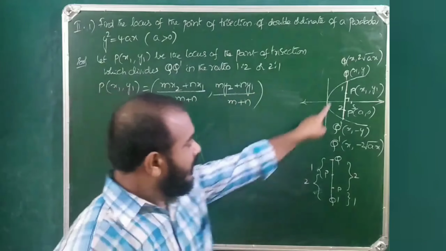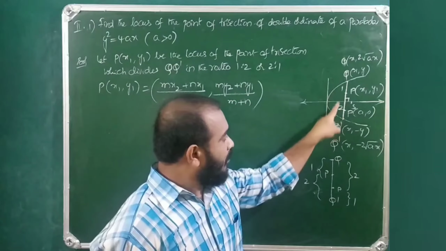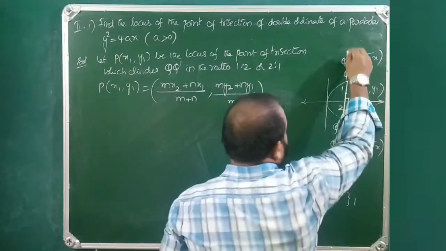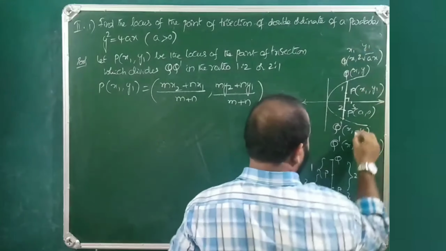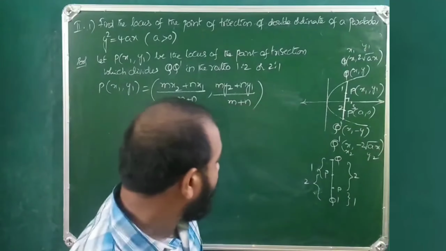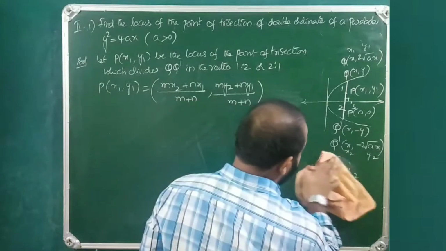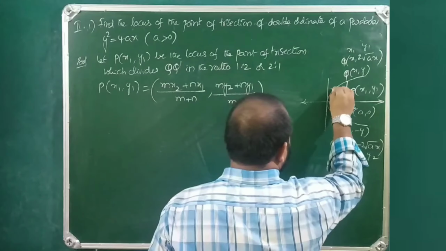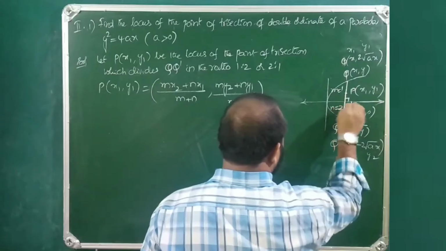Here 1 and 2 are m and n, and (x1, y1) is this, (x2, y2) is this. So m is to n is 1:2, m equals 1 and n equals 2.